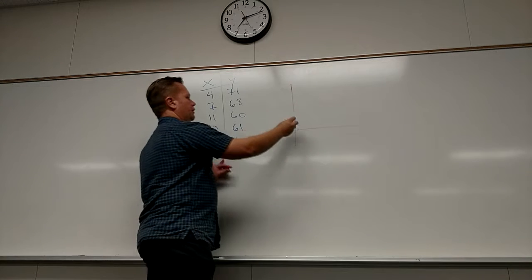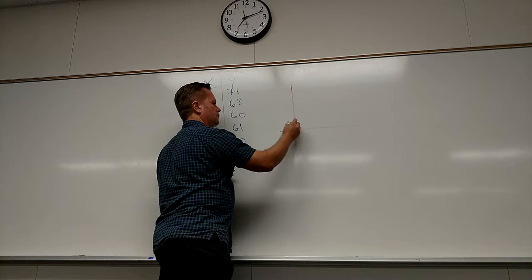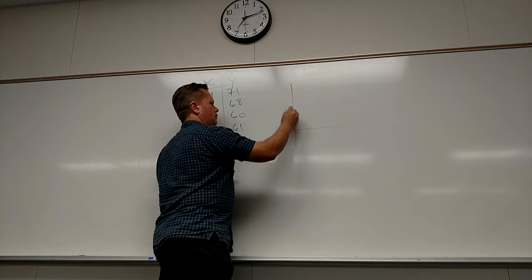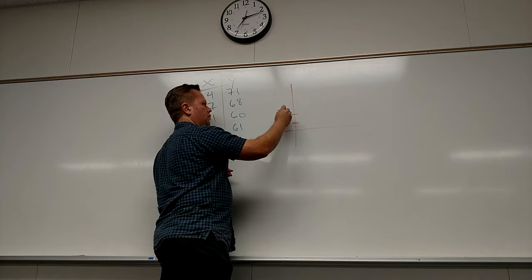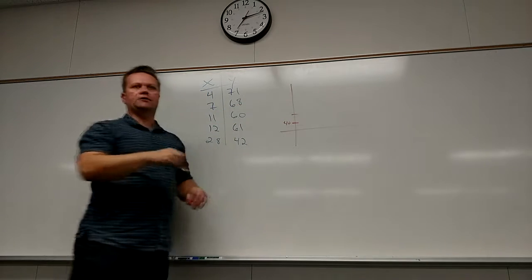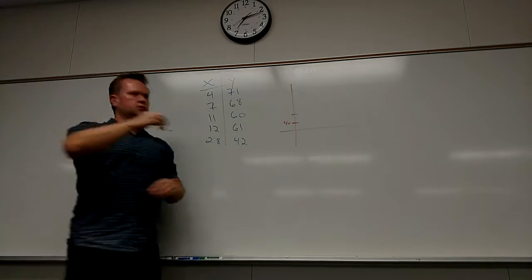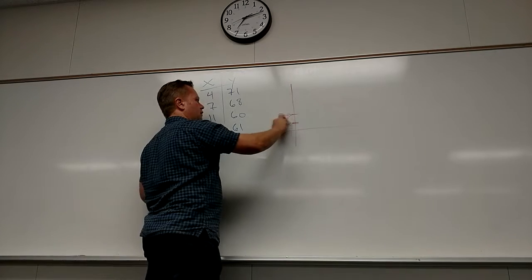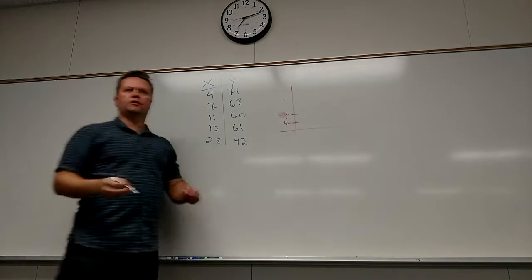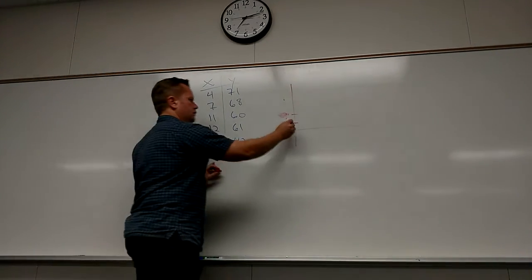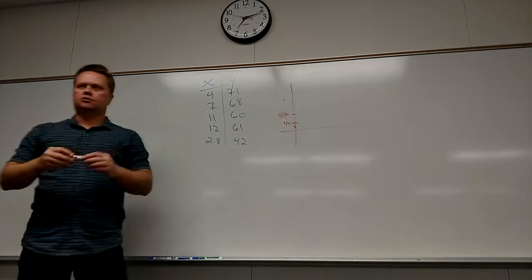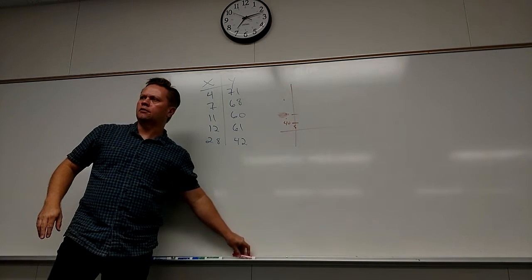If we make this 40 right here, then you can go up, the scale doesn't have to be by 40, it could be by 10 or 5. So it's sort of like we just move our gaze up. Does that make sense? So this could be 50, this could be 45. I'm going to let you pick that scale, whatever you want there. But you don't have to start at 0. So try to graph that by hand.